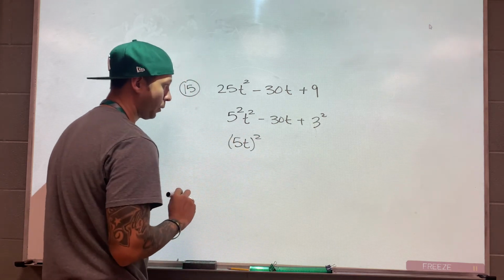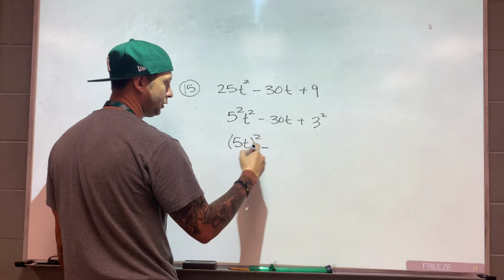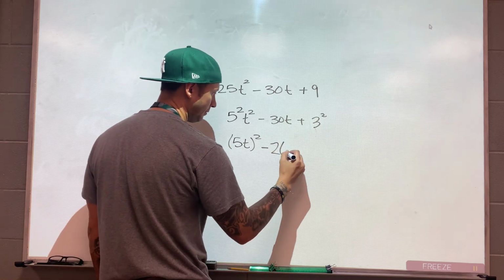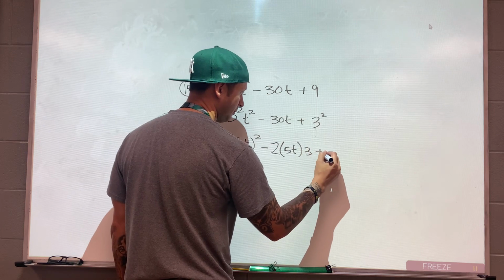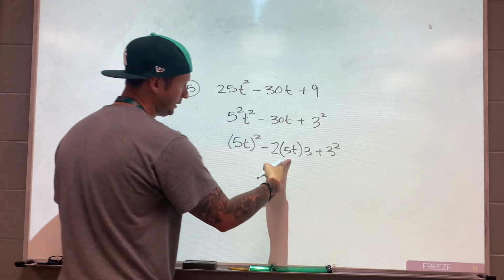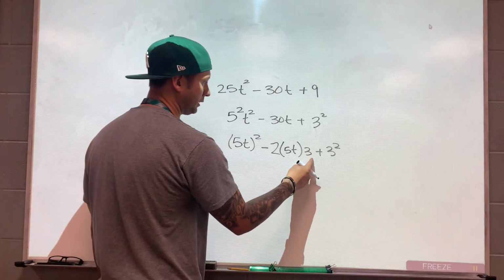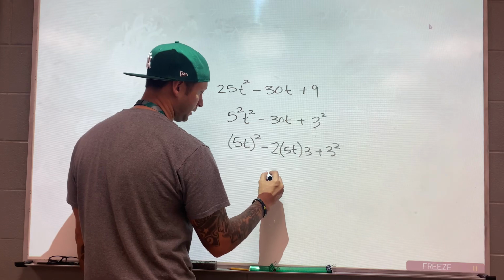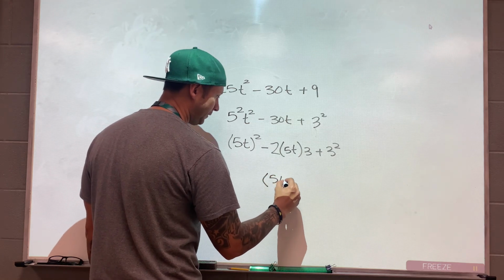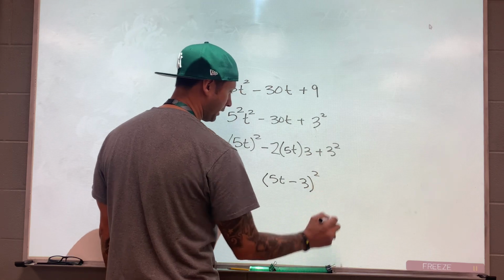5t squared, and then 2 times a times b. So does this equal that? That's what we want to verify. So 2 times 3 is 6, times 5 is 30. So yes. So this is going to be 5t minus 3 squared.